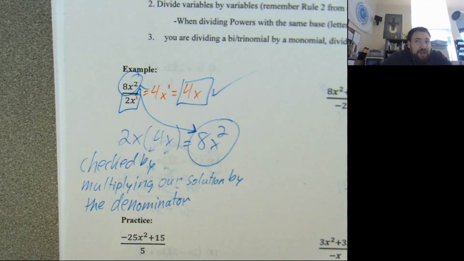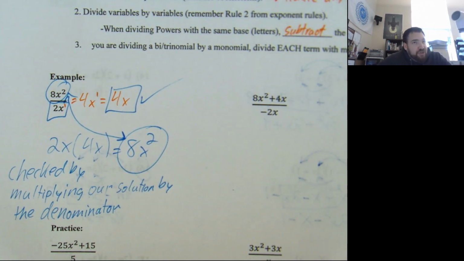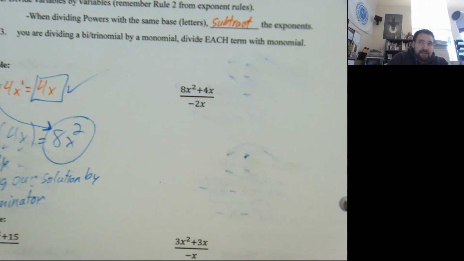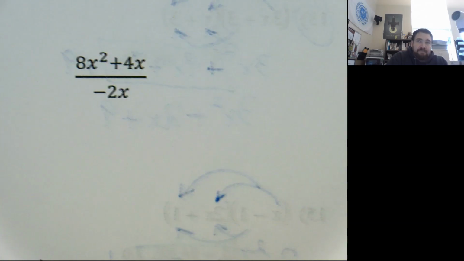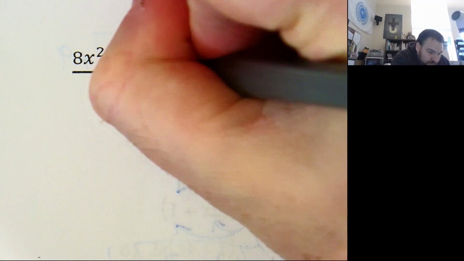Now here's the only other piece we're going to add. If you have multiple terms, we need to make sure that every term in the numerator gets divided by the denominator. So let's zoom in on this guy and take a look at this. To make sure this gets done properly, what I'm going to tell you guys to do is rewrite the question.